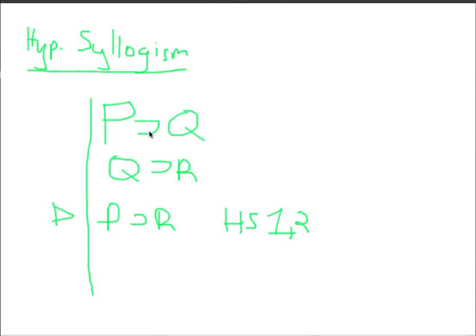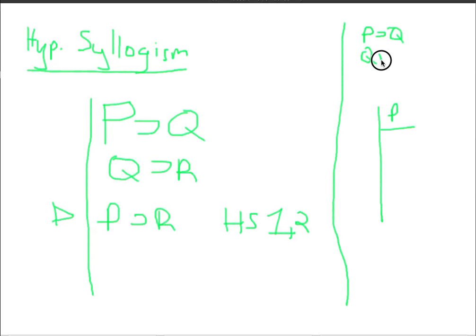So remember, we had to do this the long way up to now. The way we had to do this is if we wanted to get if P then R, we would have to first assume P. Right, so suppose we're over here in a derivation. And suppose I have if P then Q, and I also have if Q then R. In this case, we'll just say it's our premises.